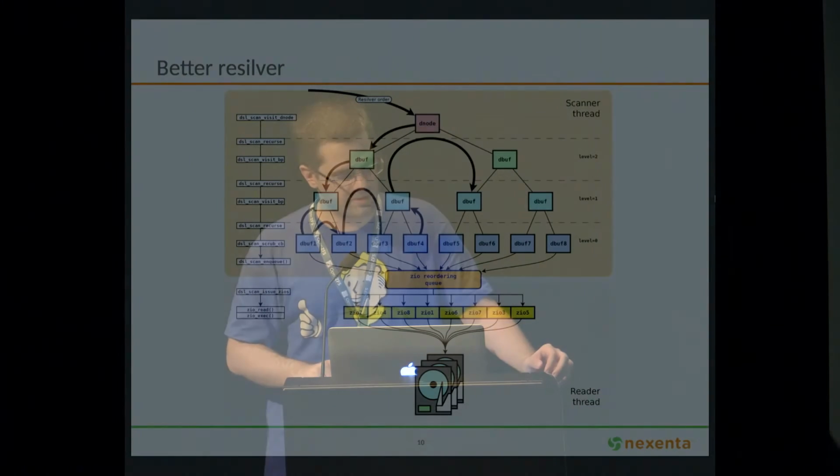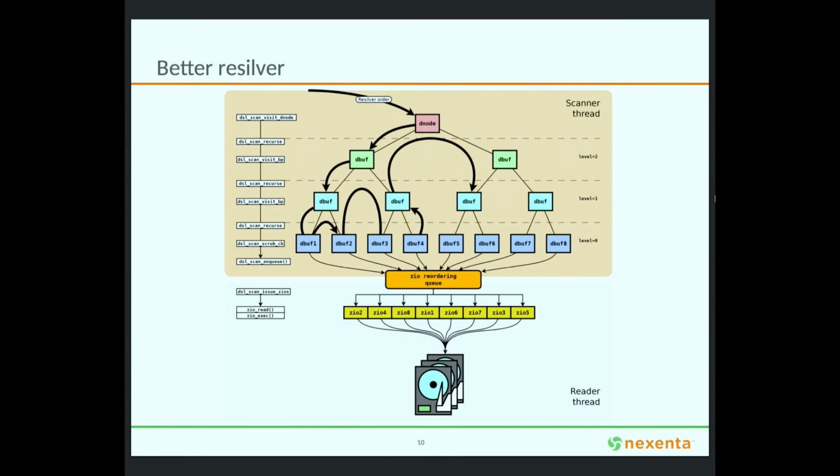So this is pretty much how it looks after we introduce our changes for the improvements. You come in from the top. Again, the algorithm for scanning is unchanged, so from the point of view of the code base, it's really not that much of a change. What has changed is that once you reach the level zero blocks, we don't try to issue ZIOs right away.